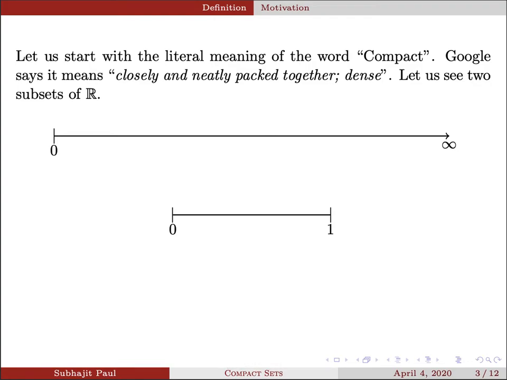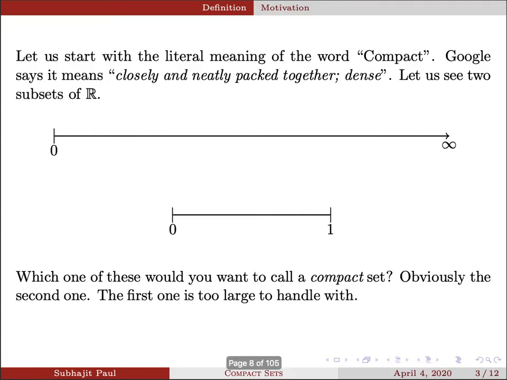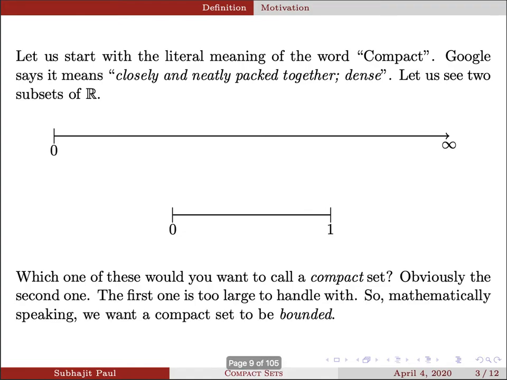One is 0 to infinity, starting from 0 going till infinity, and the other one is the closed interval 0, 1. So, which one of these would you want to call a compact set? Obviously, the second one. The first one is too large to handle, isn't it? So, mathematically speaking, we want a compact set to be bounded.